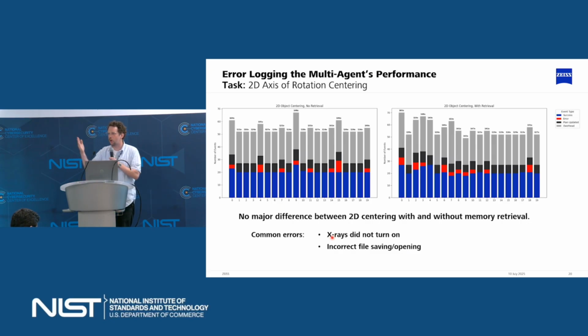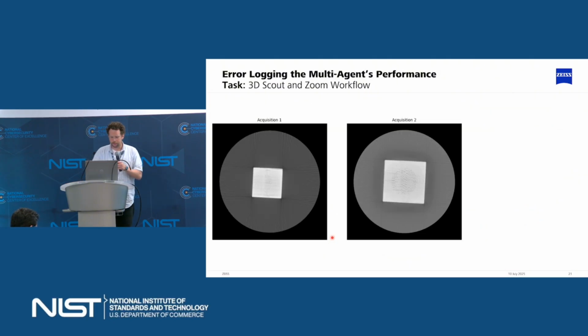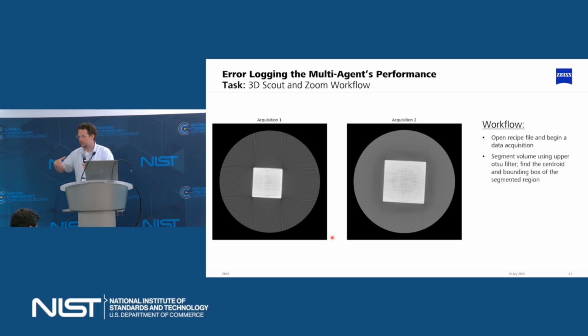So the sample did a mean workflow. We're going to start with the sample on a printed block. We're going to start with the sample in the same condition every time, and then we're going to take an initial 3D tomography. And then we want it to acquire a second data set at those new conditions.